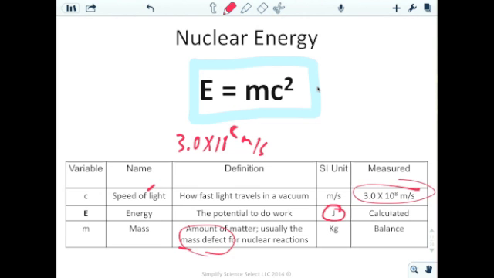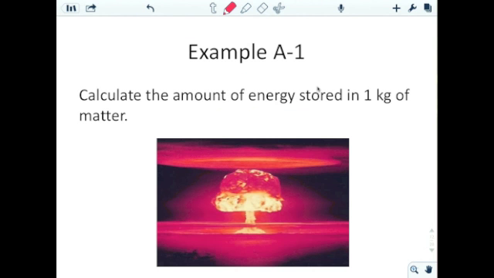So let's jump into our first example. It says calculate the amount of energy stored in 1 kilogram of matter. So all we're looking at is 1 kilogram. We use our equation E equals mc squared. Anytime you have 300 million squared, it's going to be a big number.